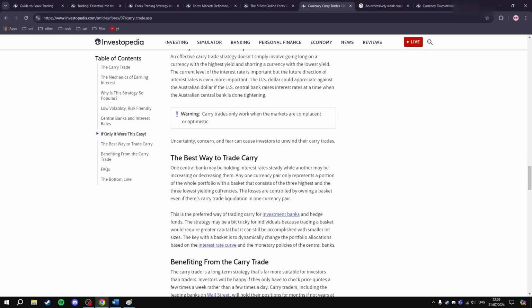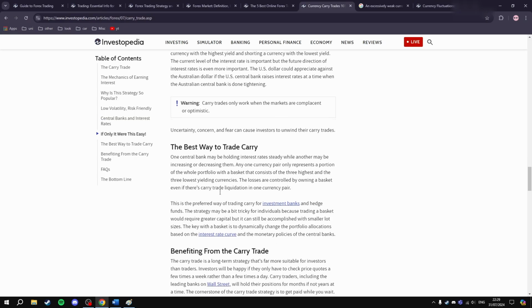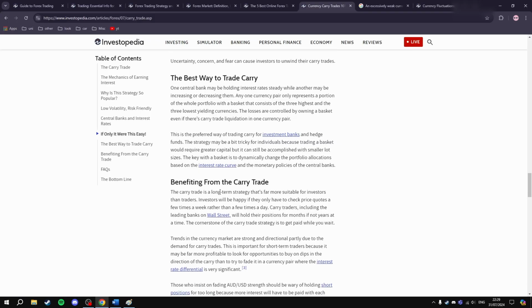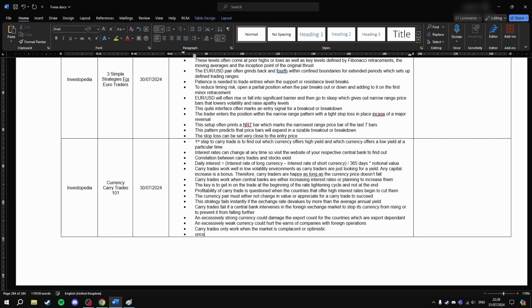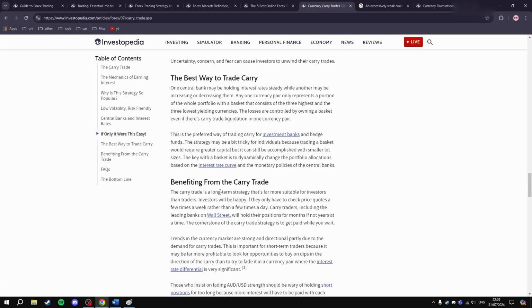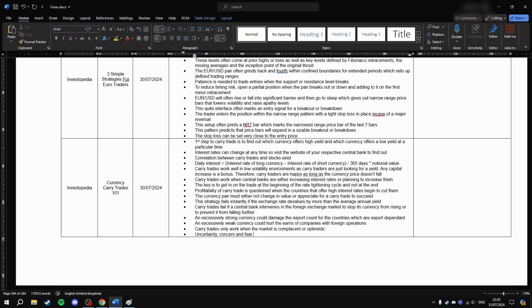Uncertainty, concern, and fear can cause investors to unwind their carry trades.